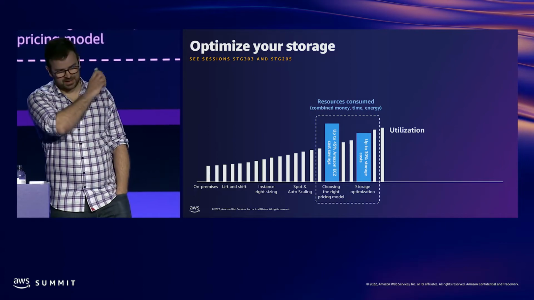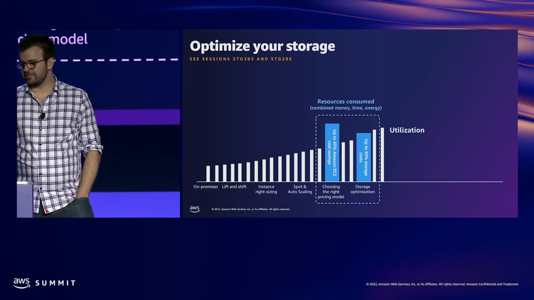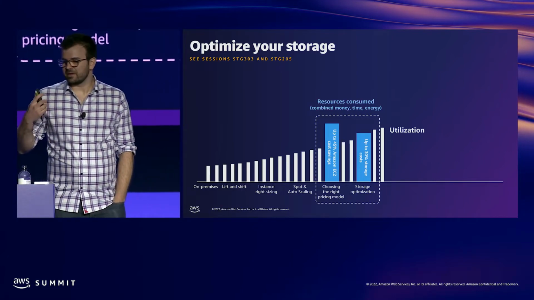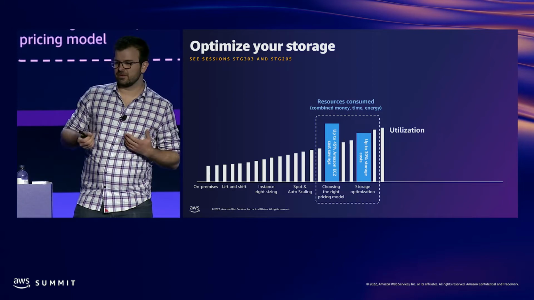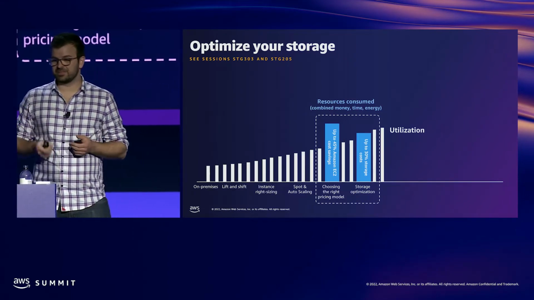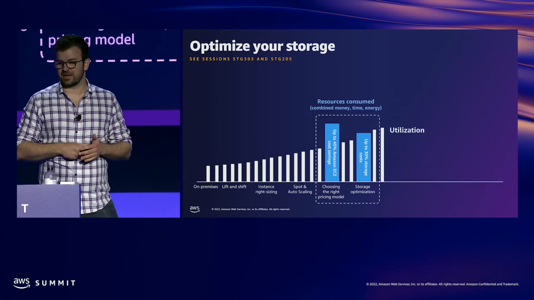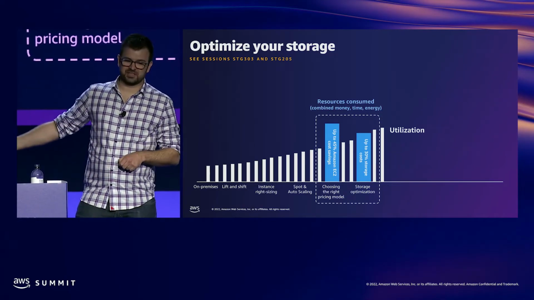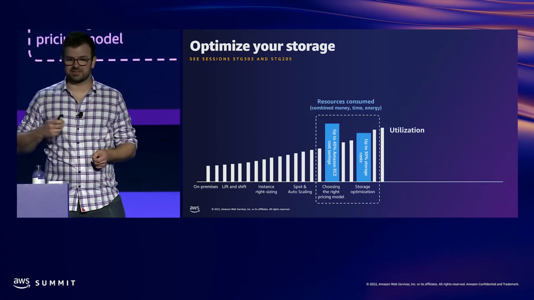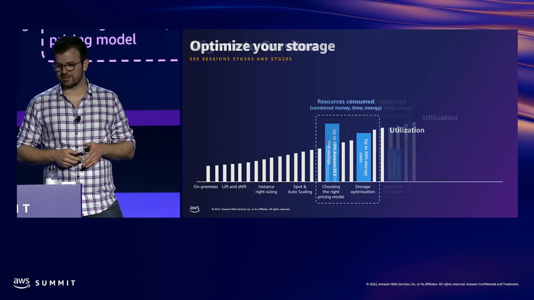So we have at least two sessions here talking about S3 Intelligent-Tiering and EBS volume configuration. We've seen customers save up to 30% just by enabling a couple of options in the console. It's a super deep topic, and I can't do it justice, but definitely check out those sessions and think about those options as you're looking to reduce waste on the cloud.